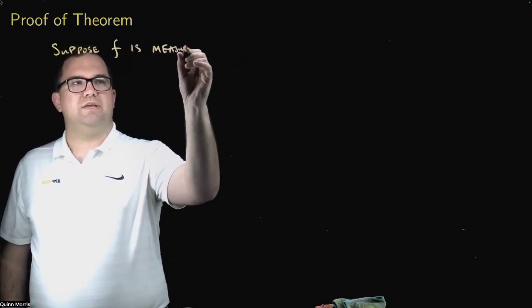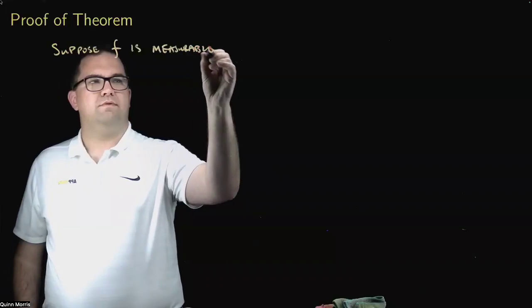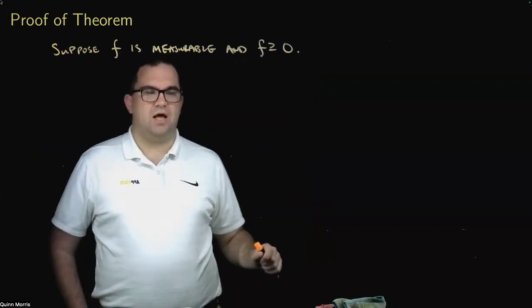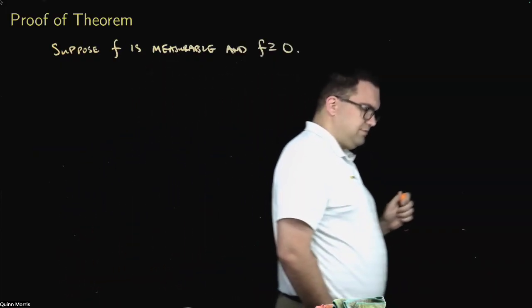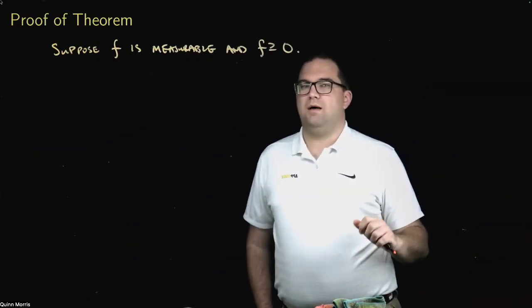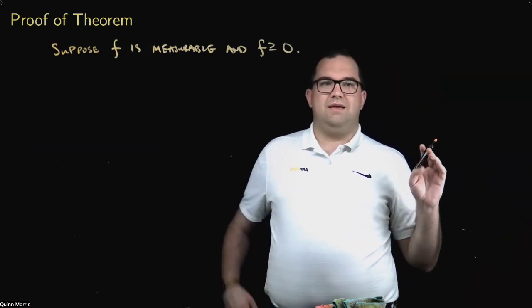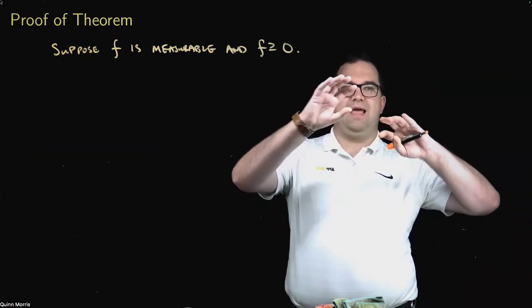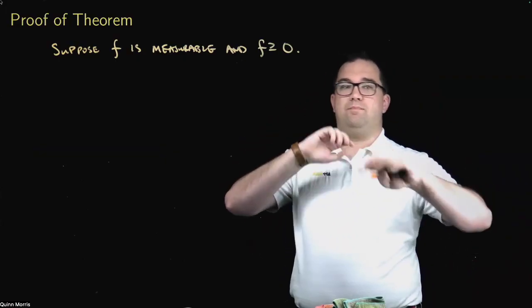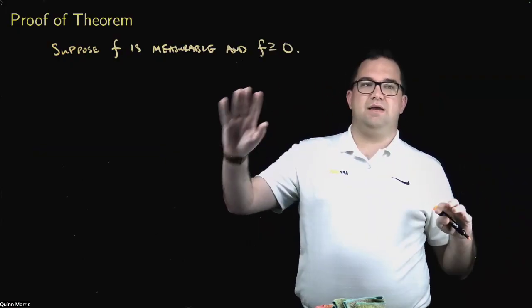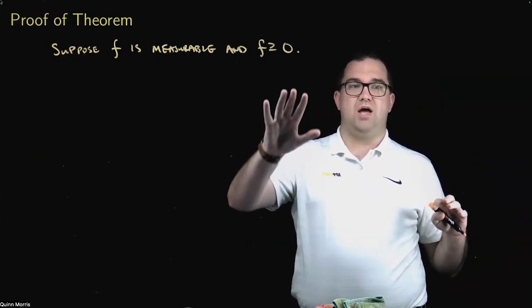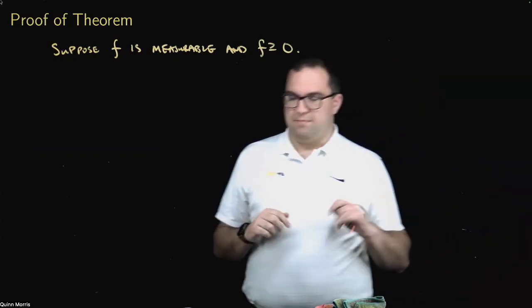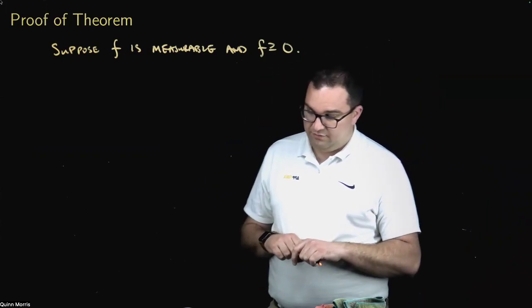And I'm going to additionally assume that f is non-negative. Now, that's not an assumption in the theorem. It turns out that if f is not non-negative, then you can just split f into its positive and negative parts and treat each of them in the same way that I'm going to treat just this non-negative piece. But for now, let me just assume that my function f is non-negative.